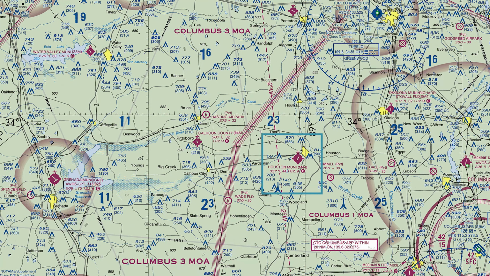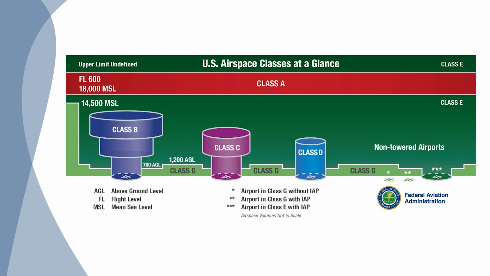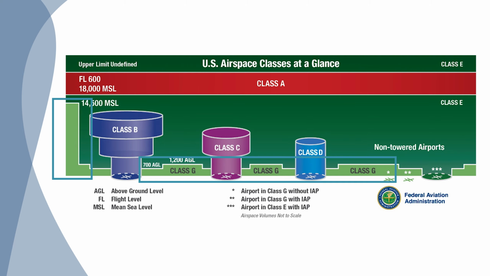At other airports without an instrument approach procedure, no indication around the airport is indicated, indicating Class Echo goes down to 1,200 feet above ground. Now you might be asking, what airspace is under Echo? The answer is Class Golf, which is completely uncontrolled.